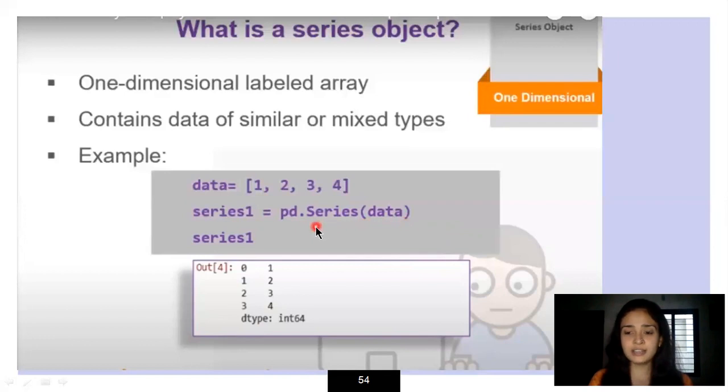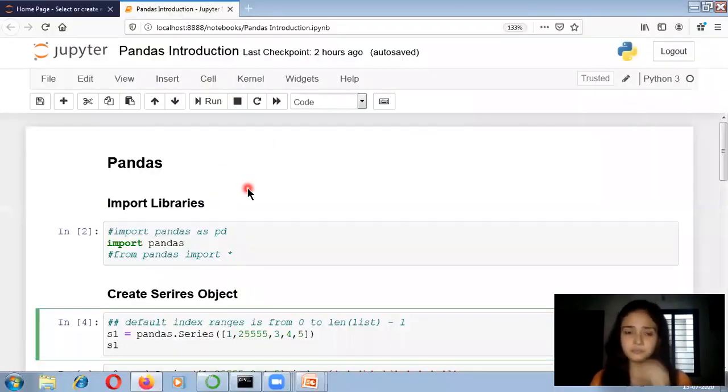We use the Series feature of pandas because, for analysis purposes, it is very necessary that your computation is very fast. So the Series object is very fast compared to the normal lists and arrays in Python. So let's see the practical implementation.